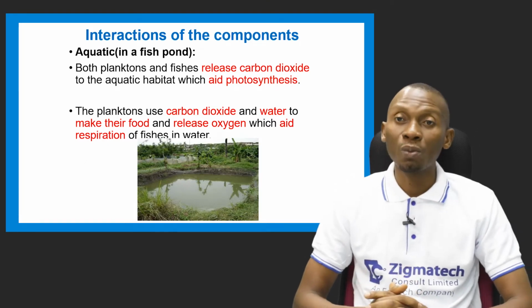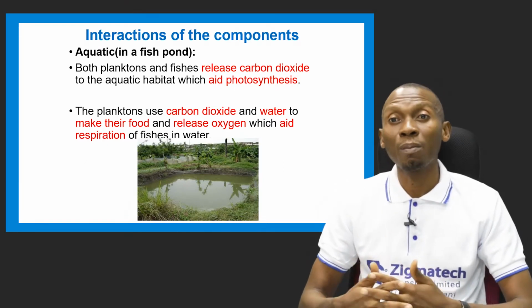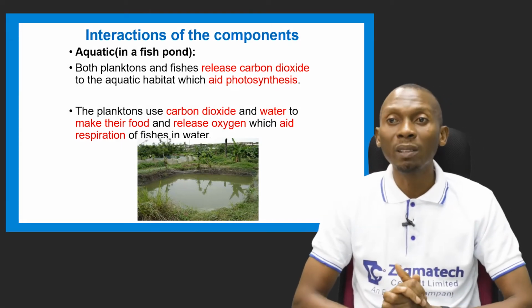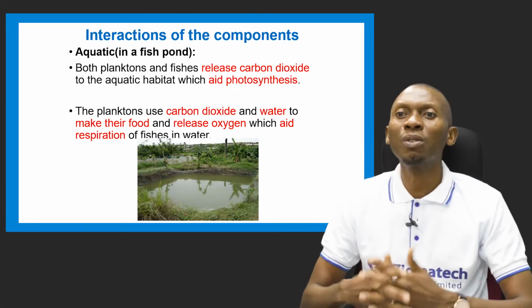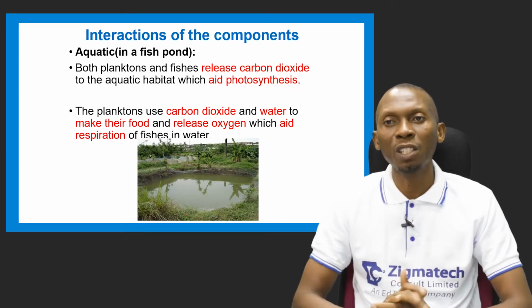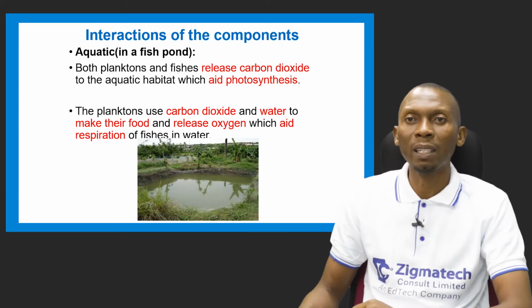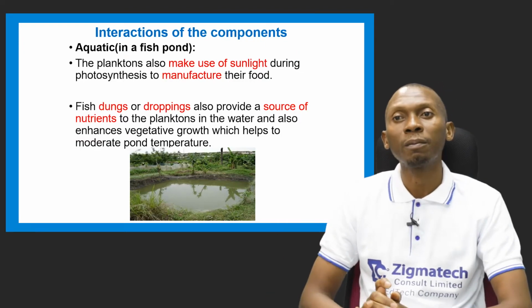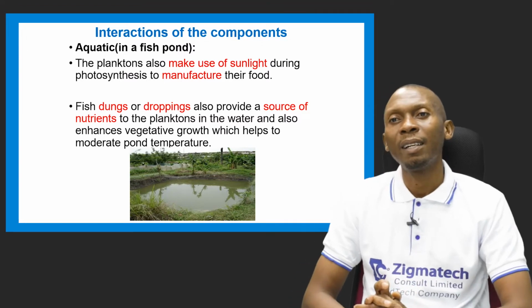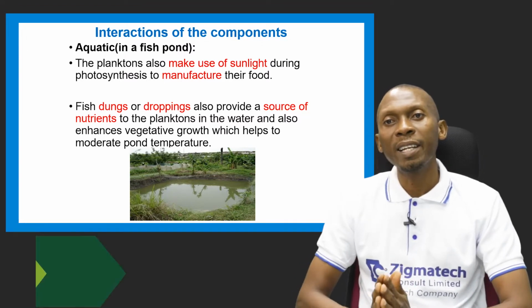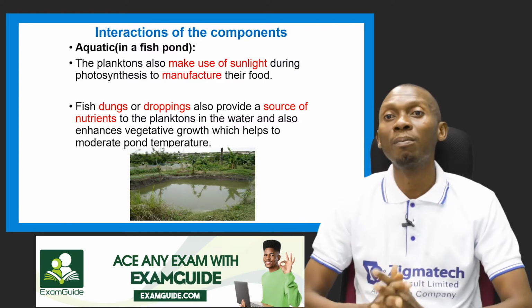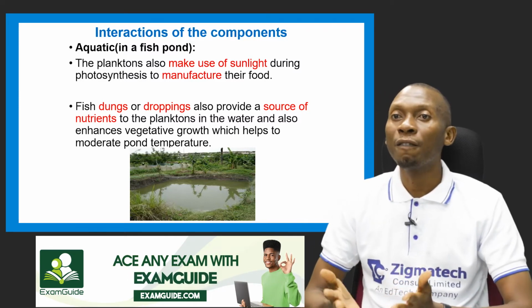And the planktons, which are microscopic algae, use this carbon dioxide and water to make their food and also release oxygen, which aids respiration of the fishes in the water or in the pond. Now, the planktons also make use of sunlight.